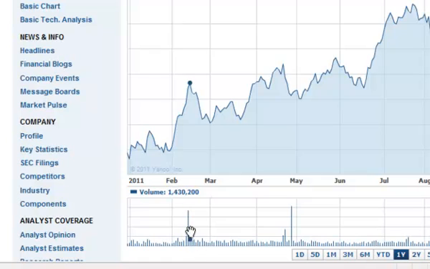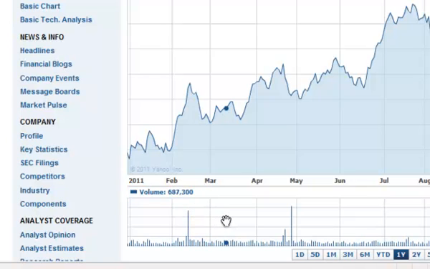And the volume over here was 1,430,200 shares traded. But in order for that price to go up, that means that most of those trades were in buying the shares.